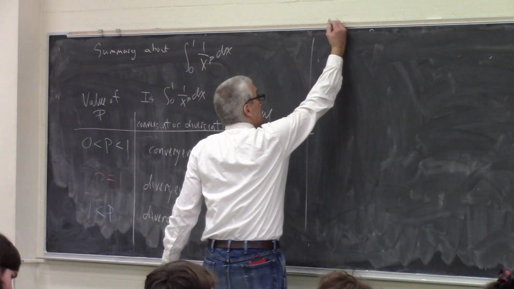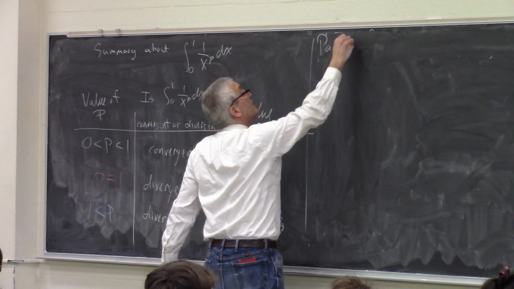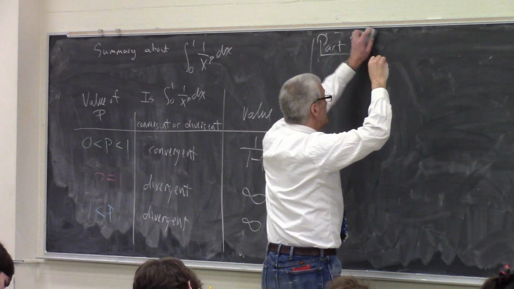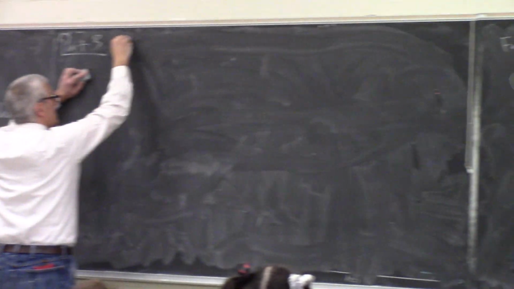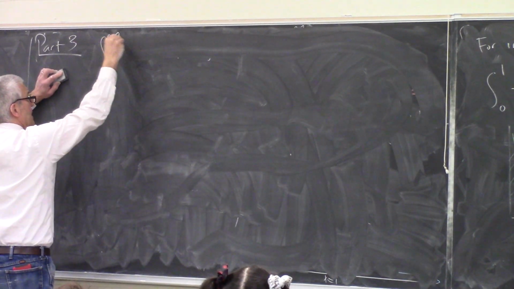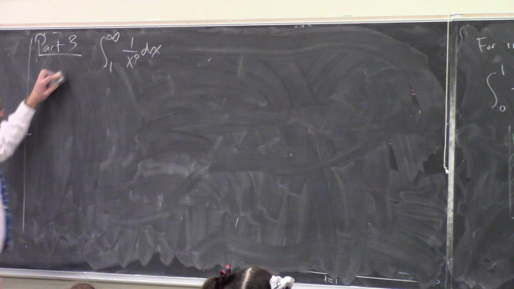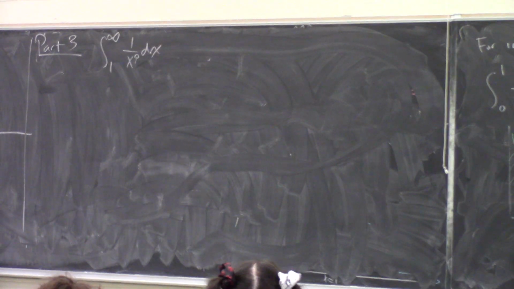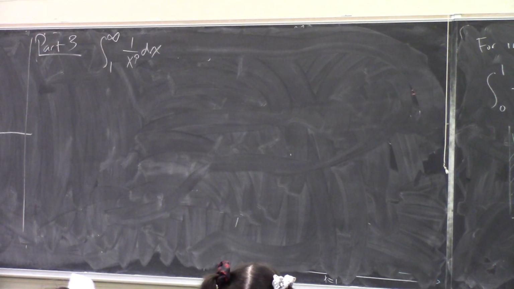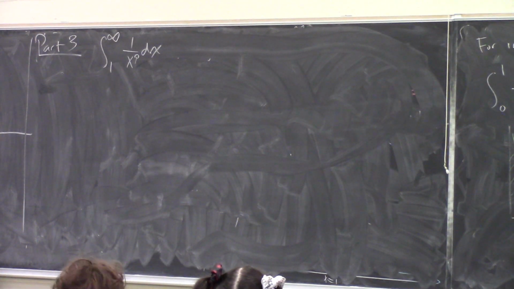Part three is we're going to consider integrals from 1 to infinity of 1 over x to the p dx. You don't really speak the dx, you just say the integral of 1 over x to the p. So think about this. When x is a number greater than 1, 1 over x to the p is a number.